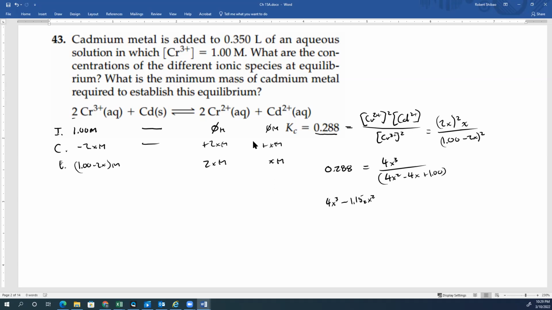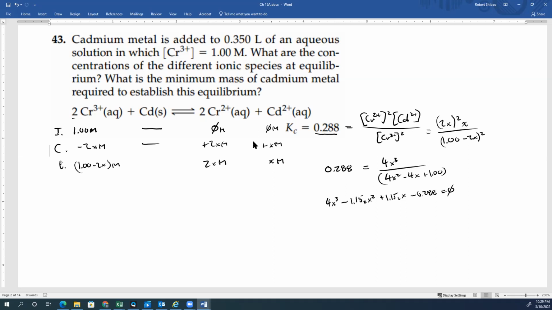Okay, then I go 0.288 times minus 4x. And so that's going to be plus 1.152x, and then 0.288 times 1, and then subtract it. And so that's going to be minus 0.288 is equal to 0.